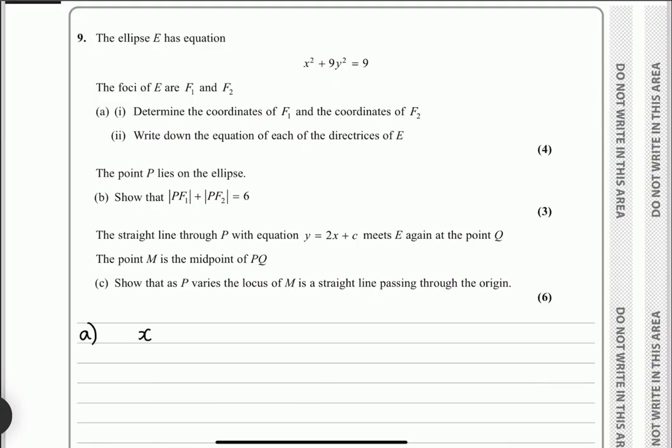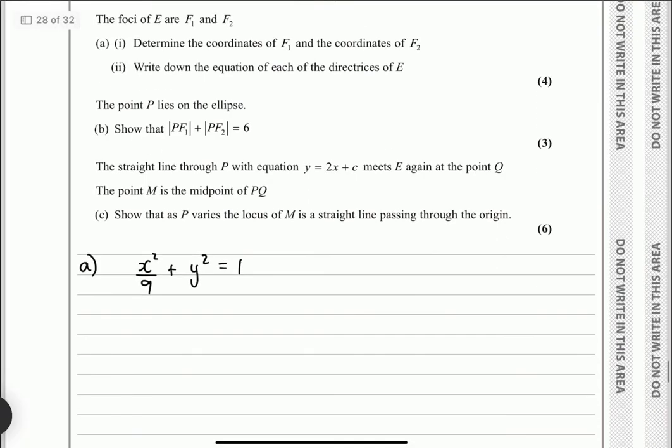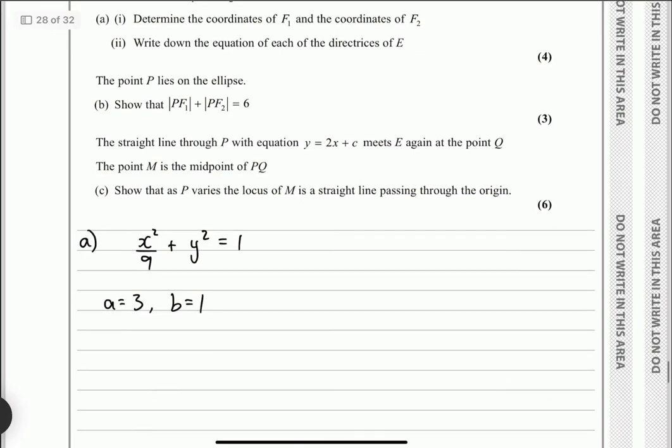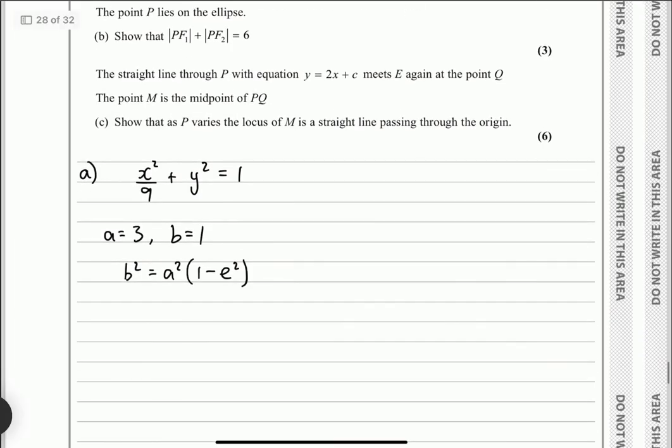So if we've got x squared over 9 plus y squared equals 1, then a is equal to 3, b is equal to 1. For the coordinates, we want e as well. b squared is equal to a squared times (1 minus e squared). That comes out of the formula booklet, again in the conics section.